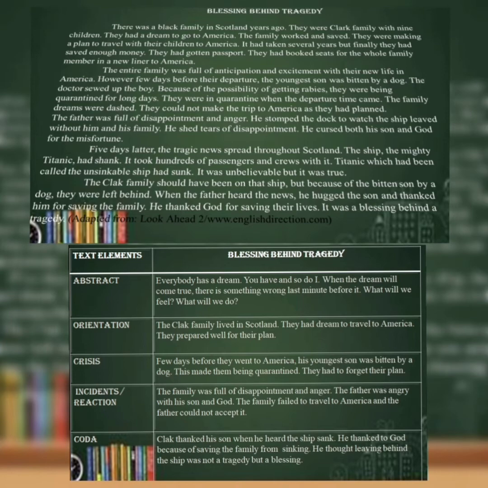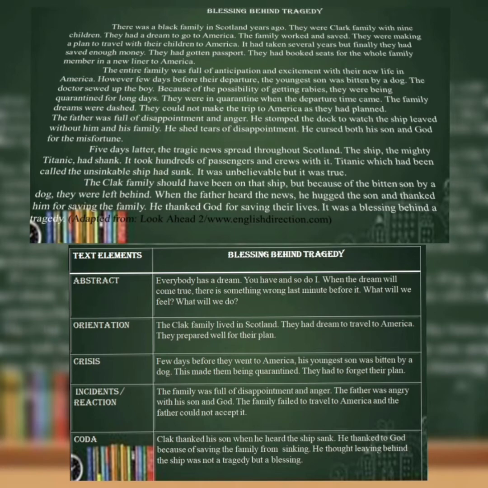We can see in the second paragraph, and we can take the crisis element of this text: a few days before they went to America, his young son was bitten by a dog. So I think it is the incident that they got.